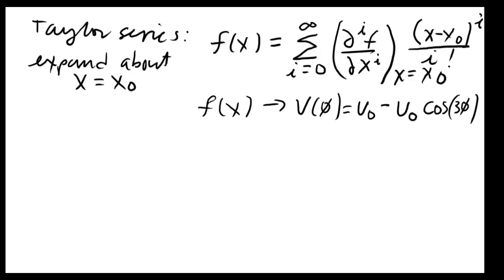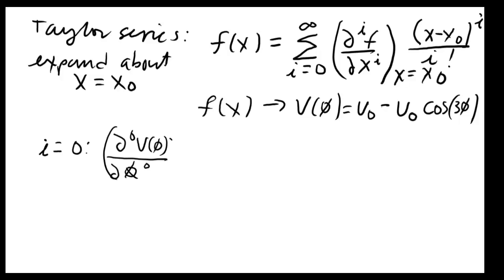We'll take i equals 0, i equals 1, and i equals 2, and we'll form those terms in the Taylor series. Let's take the i equals 0 term. This means the zeroth derivative of a function, this is now V of phi. Well, let me be explicit and write V of phi. So this will be the zeroth derivative of V of phi with respect to phi.